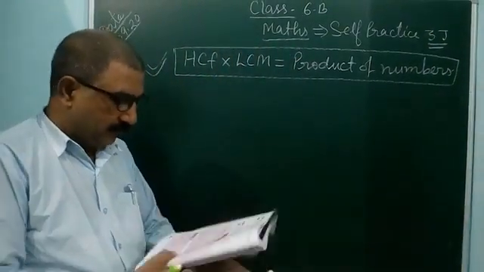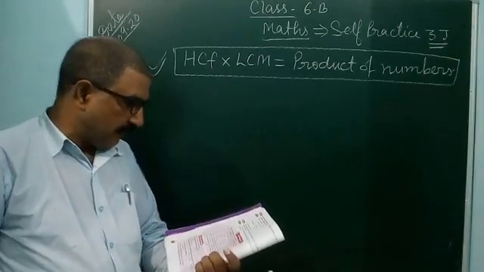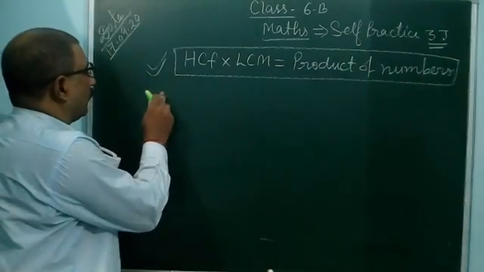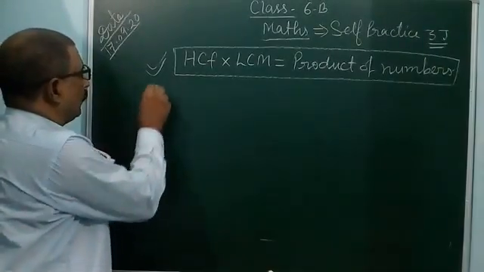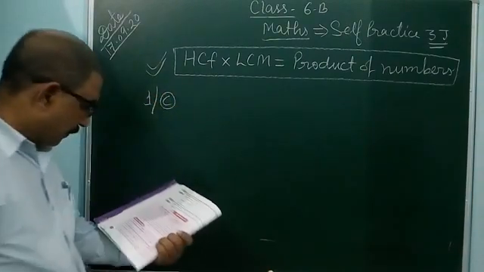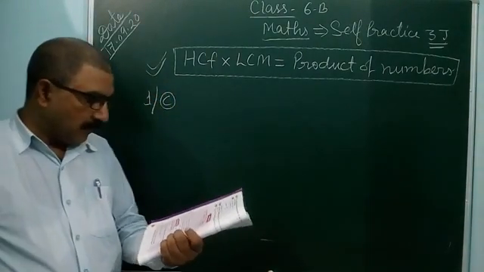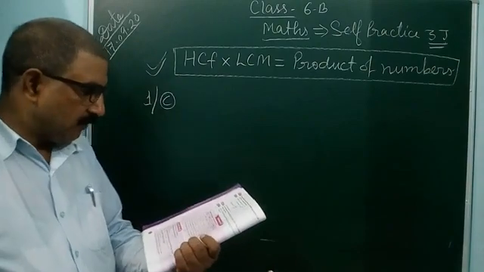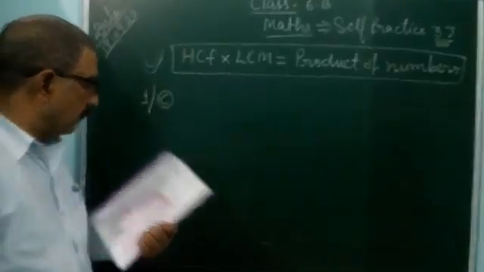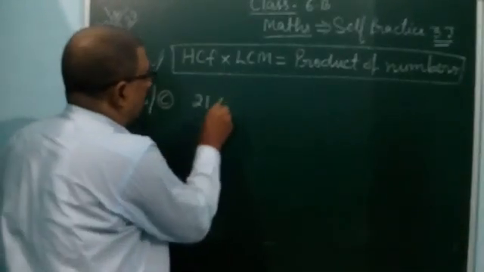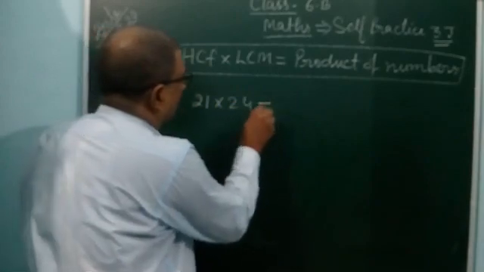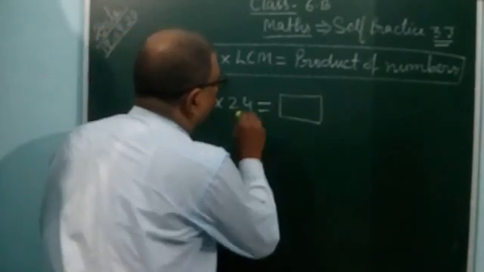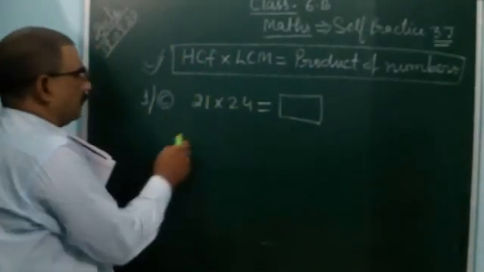You can see question number C. First, C. It is given the first number and second number, meaning the product of the numbers 21 and 24. 21 multiplied by 24. What should be here in the box? Fill in the blanks. So multiply this.